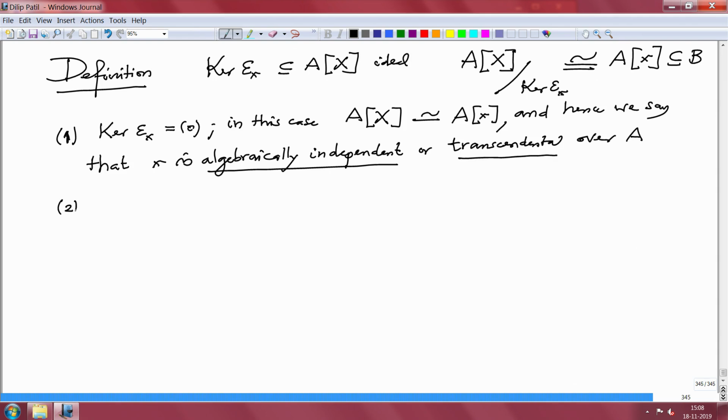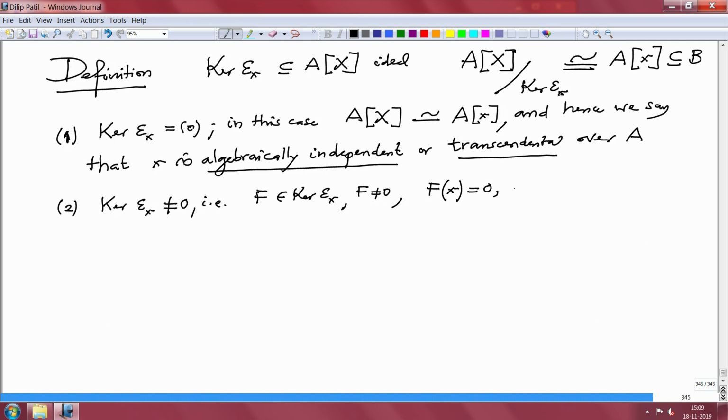Alright, second case: the kernel of E_x is non-zero, that is, f belongs to the kernel of E_x and f is non-zero. Because it is in the kernel of E_x, we know that f evaluated at x is 0.